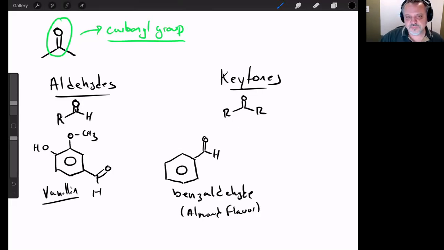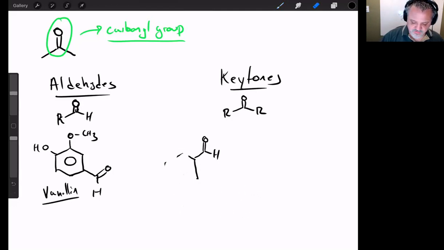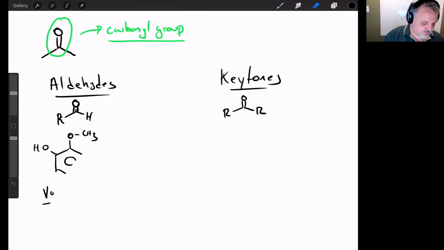It's interesting to know the molecules that are responsible for producing the flavors that we like to have in our mouths. If you ever use almond extract, it's got a lot of benzaldehyde.